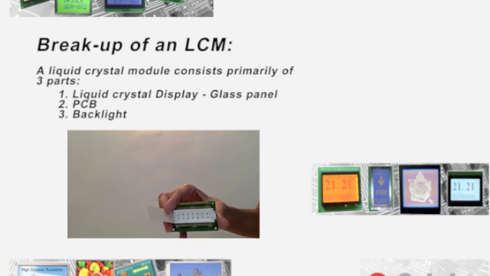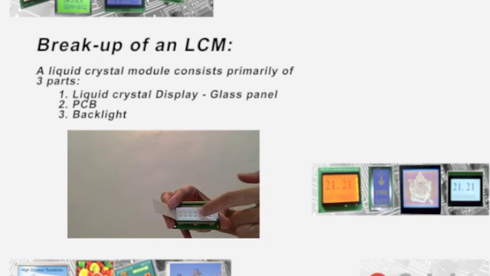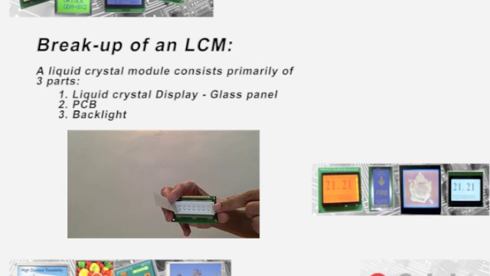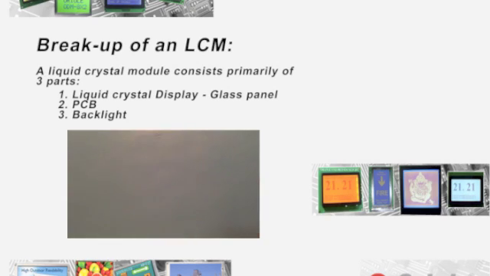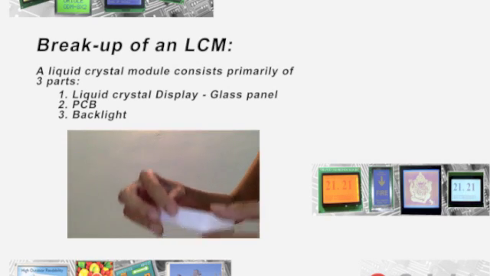Now this backlight can be of two types. One is array type, which is what this backlight is. If you see, there is an array of LEDs. Typically this is used for yellow-green backlight. The other option is a white backlight, which looks like this.